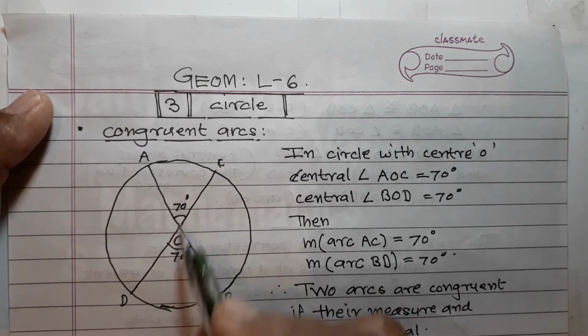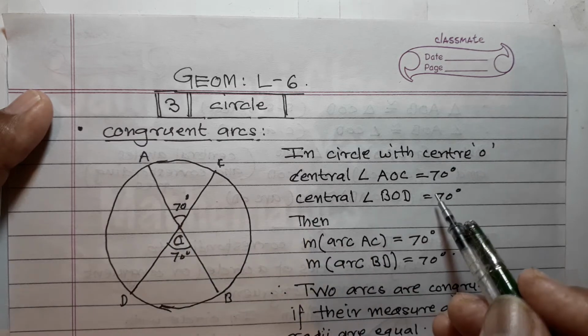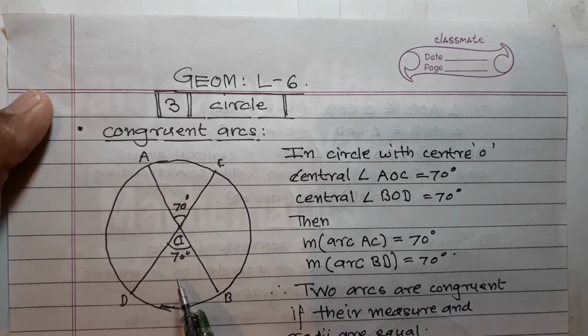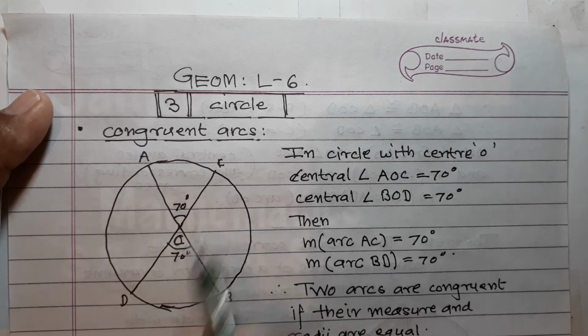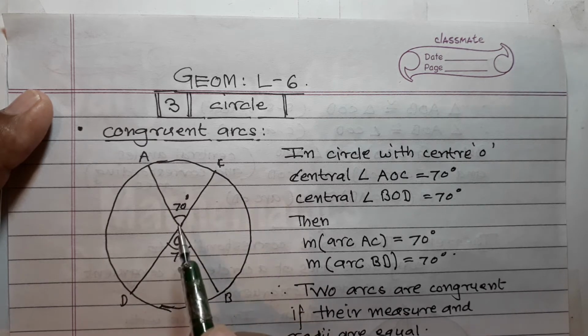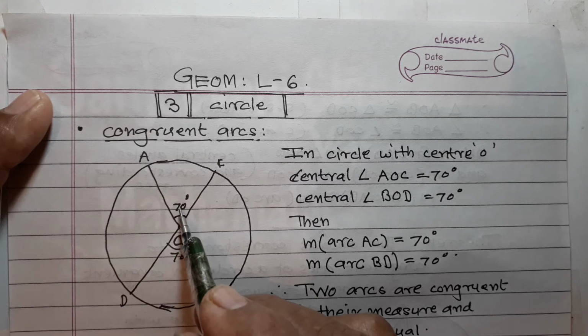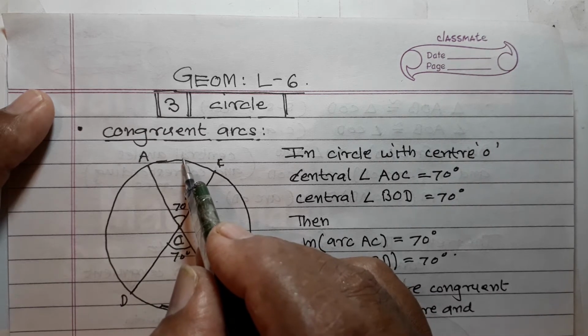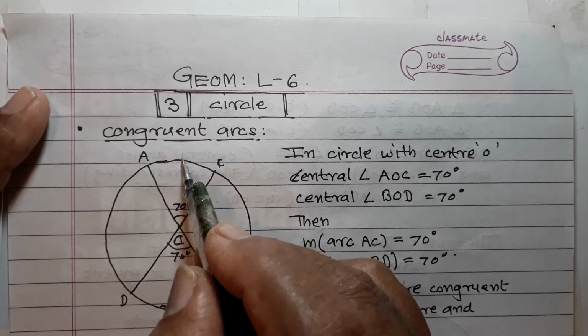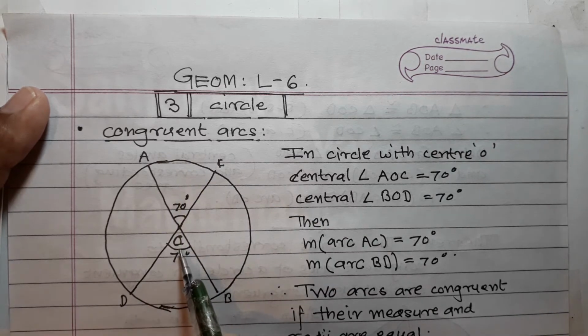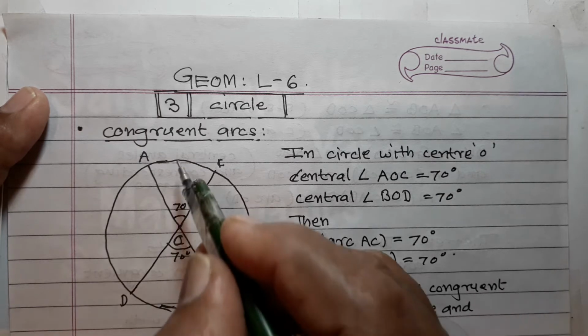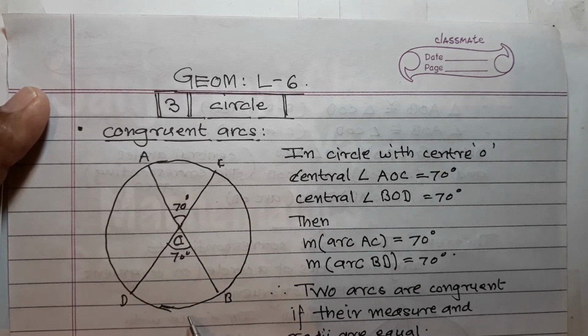Suppose these two central angles are equal, then the corresponding arcs, this arc and this arc, are also equal. Now this angle is equal to 70, therefore the measure of this arc is also equal to 70. This angle is 70 and therefore the measure of this arc is 70, and hence these two arcs are equal.